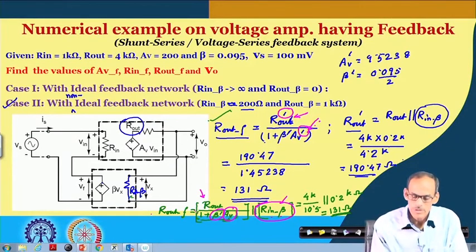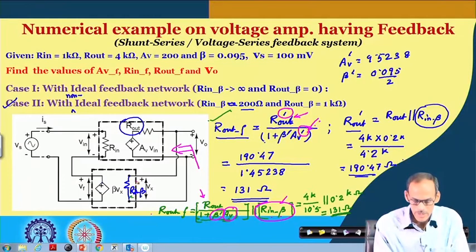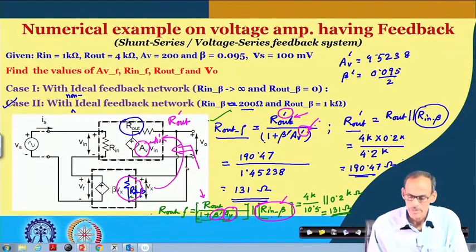So, the conclusion is that whenever we are trying to see the output resistance, either we can incorporate this resistance as an integral part of the amplifier, and accordingly we modify this R out to R out dash, and also this A V to A V dash, and then you can use this equation.